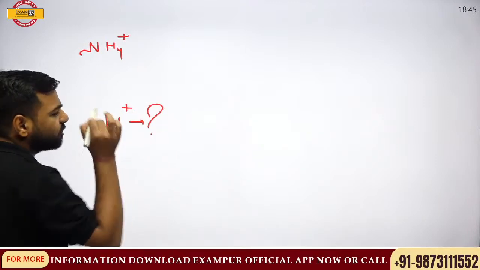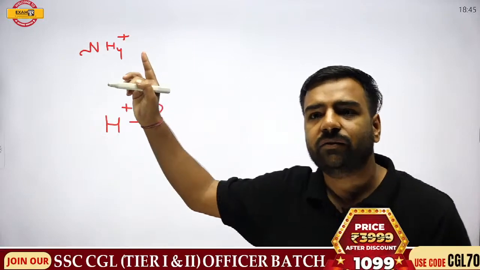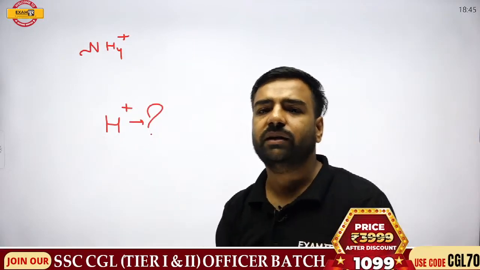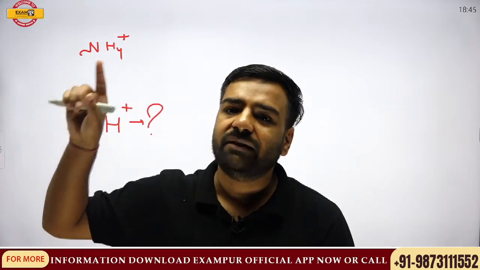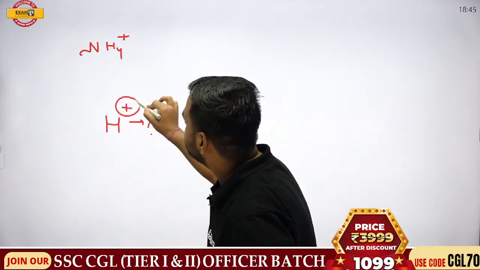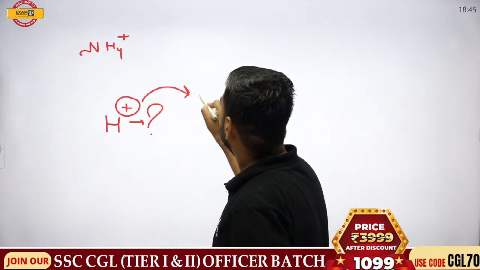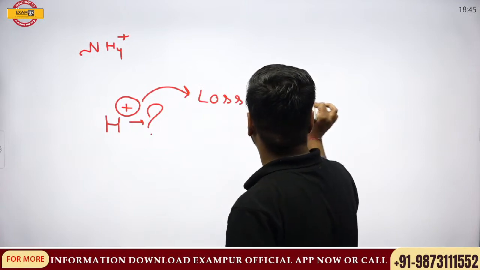What does this mean? I've already told you in the starting itself what is anion and what is cation. This positive means that there is a loss of electron.